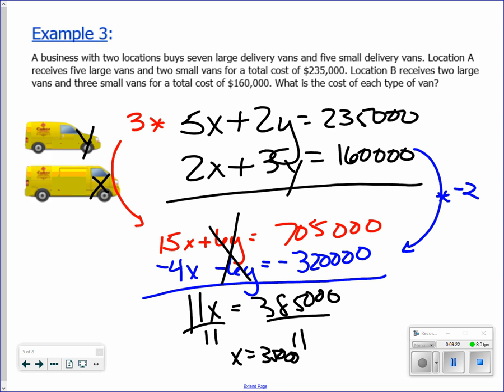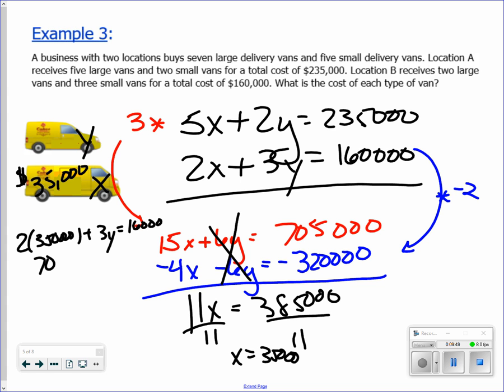So the large vans cost $35,000. Now, how am I going to find out how much the small vans cost? I'm going to go back up here and I'm going to put 35,000 in place of one of the original equations. So let's say I use the bottom one. 2 times 35,000 plus 3y equals 160,000.